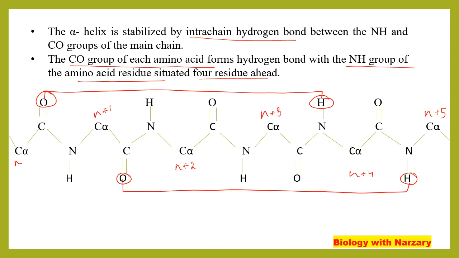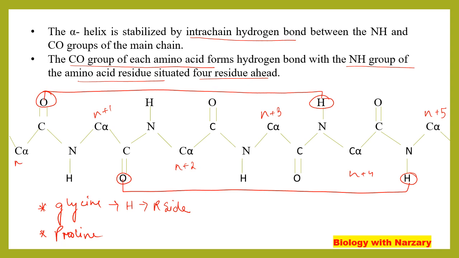Now you see that not all amino acids will form the alpha helix structure. There are some amino acids which cannot form the alpha helix structure, and they are glycine and proline. Now, since we know that glycine has an H atom as its R side chain, this H atom will compete with the main chain atom to form hydrogen bond, and because of this, glycine cannot form alpha helix structure.